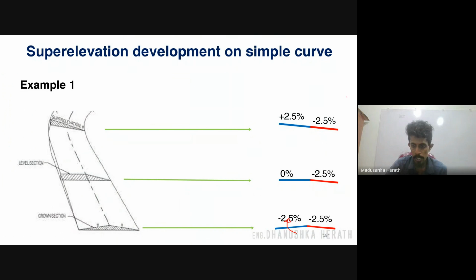pavement, this blue color one, then take it to the flat level to this point. Then again we rotate this one and take it to this point, align with this pavement.